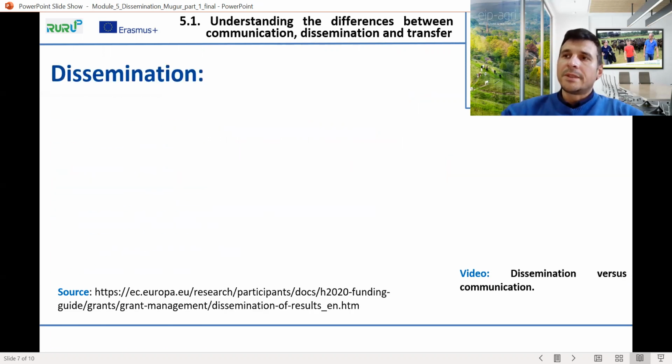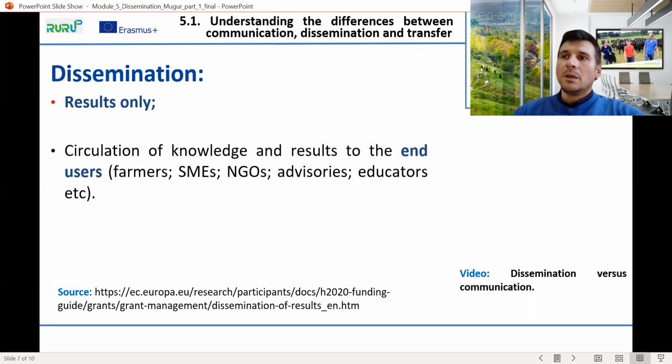Now about dissemination. Dissemination activities mainly focus on results that should reach a critical mass of end users. Moreover, dissemination activities should enable end users to take up the main project results on a large scale. Ideally, end users are involved from the beginning of the project in the process of co-creating the results, so as to directly respond to their needs.